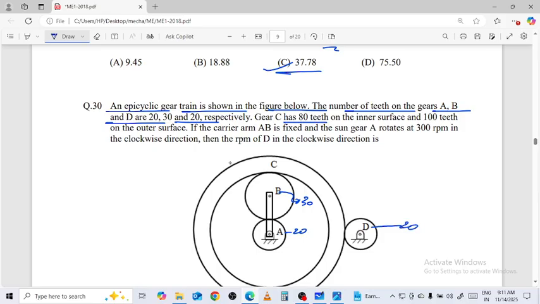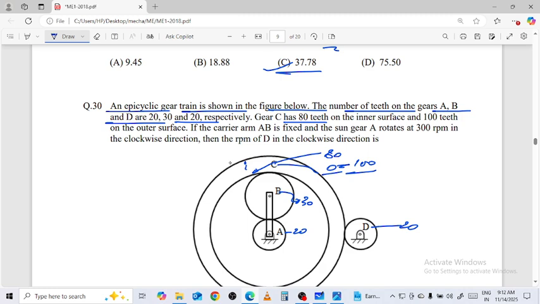Here C has 80 teeth on the inner surface and 100 teeth on the outer. चलो भैया, इसके 80 भी हैं, ये इनसाइड वाले. आउटसाइड वाले कितने हैं? ये टीथ है आपके 100.